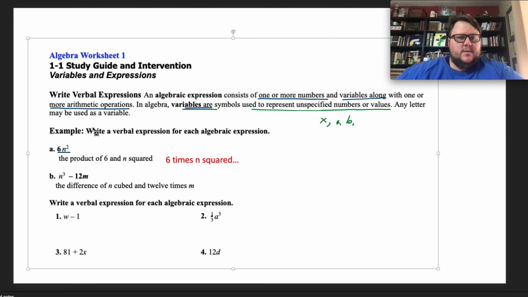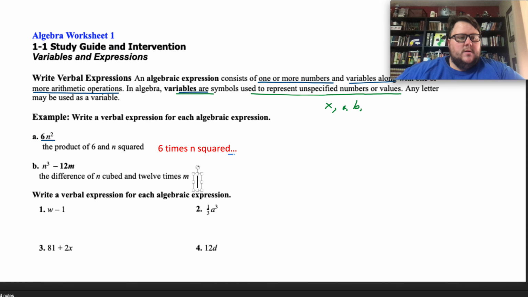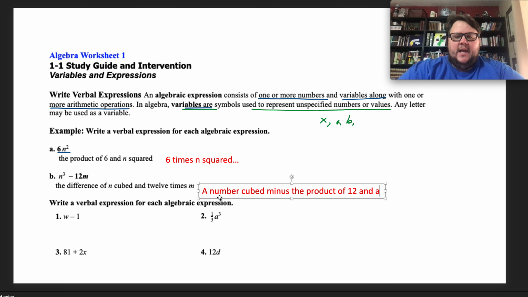Text box. So I could have written it as a number cubed minus the product of 12 and another number.